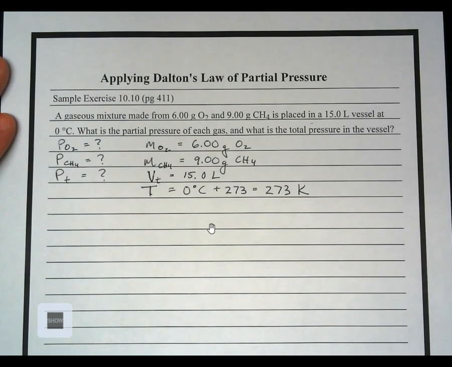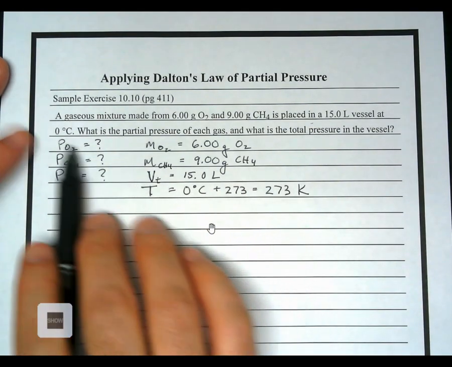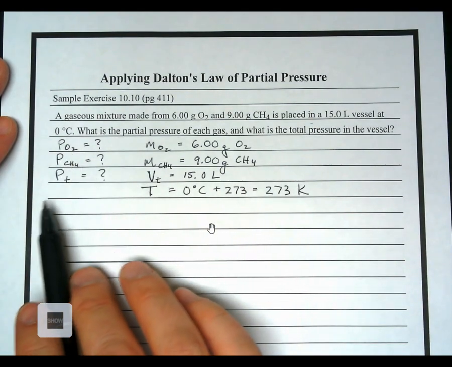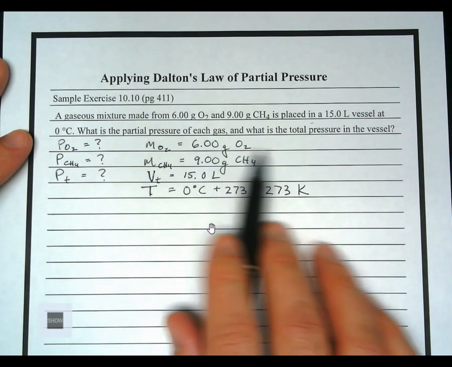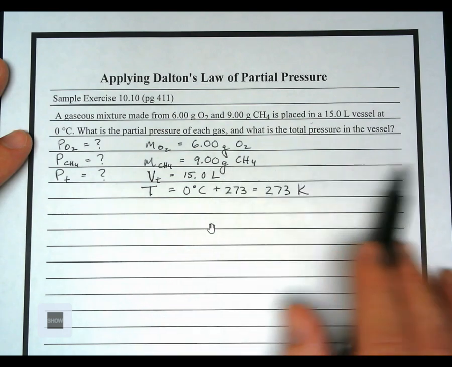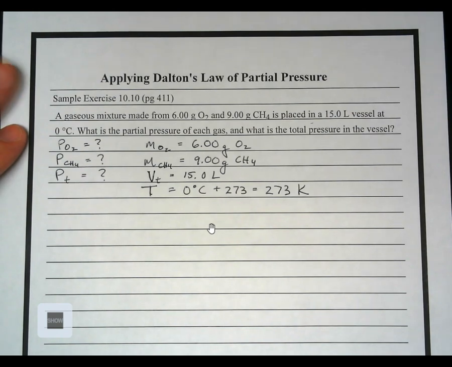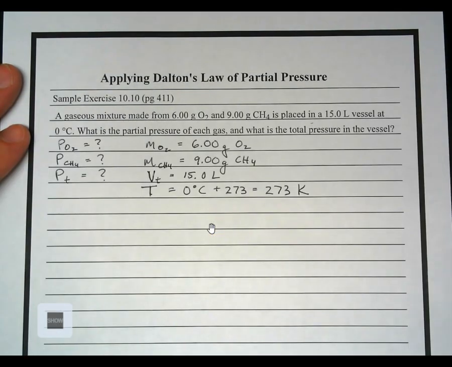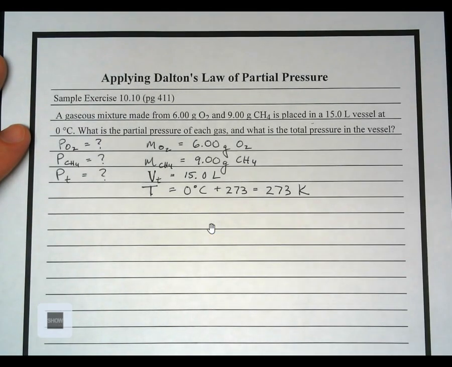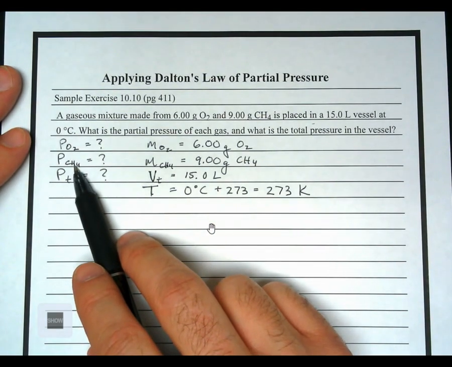If they just wanted the total pressure, the easiest way would be to turn grams into moles for both of these, add the moles together, substitute it into the ideal gas law, and then do the equation. But they've thrown us a little bit of a loop here in that they want the individual pressures of each of the gases as well. So we're going to have to do a little more work.